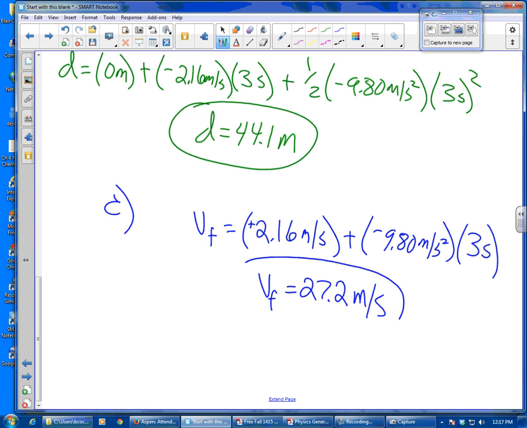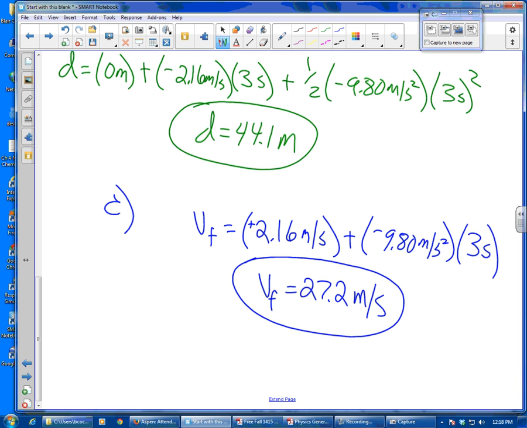So it is less because it was slowing down and then speeding up. That would be a negative answer, but we're looking at speed again, so we're just taking the positive. Negative 9.8 times 3 is about negative 30, and you add that 2.16 to it, and you get negative 27.7.